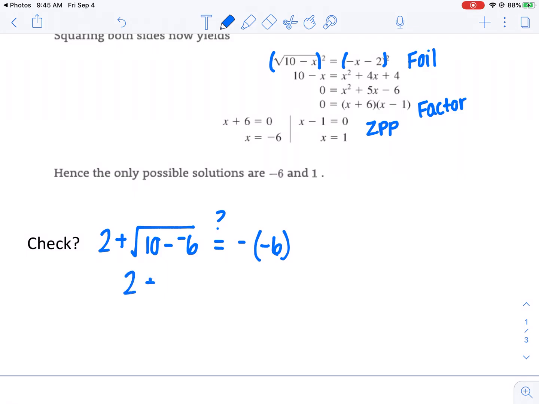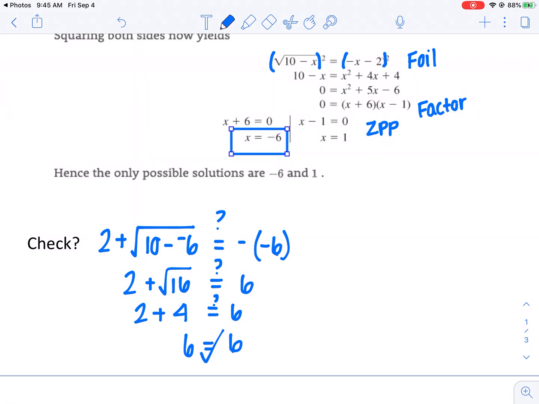Well, I get 2 plus square root of 16. Does that equal 6? Square root of 16 is 4. I would like you to get all the way to this last step and show me left equals right, check mark. That means this is a solution.